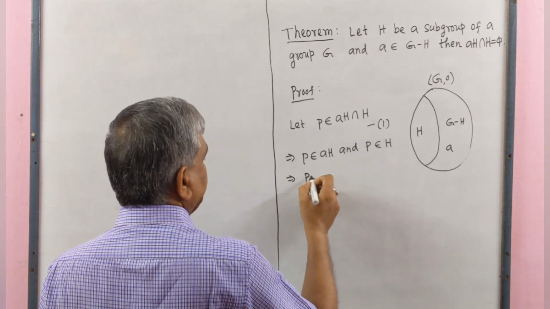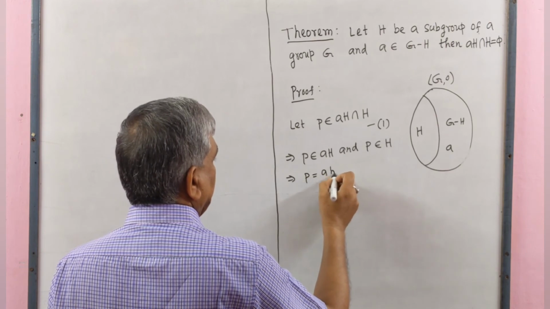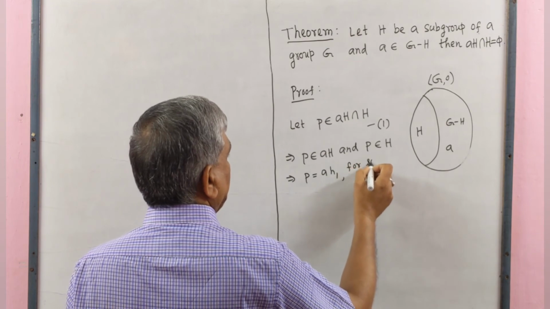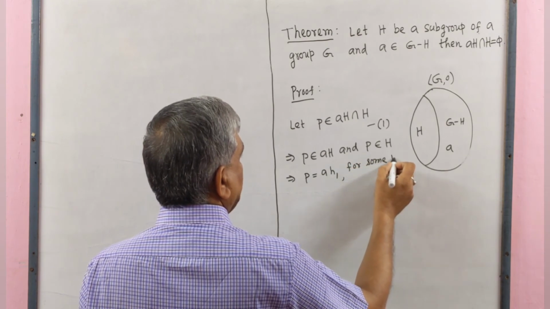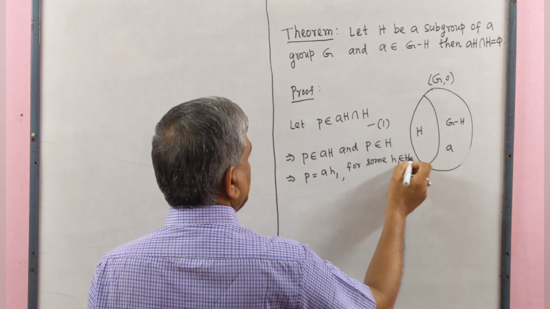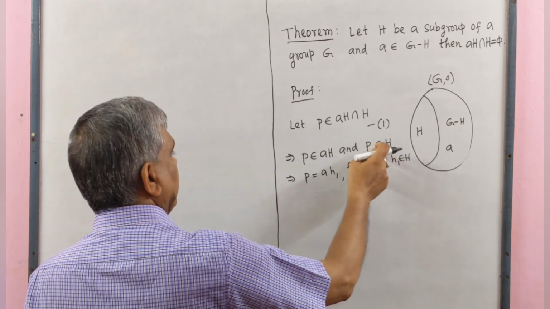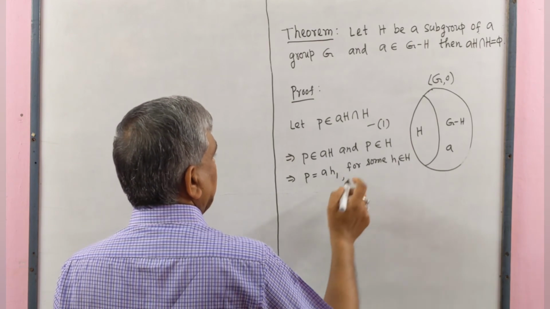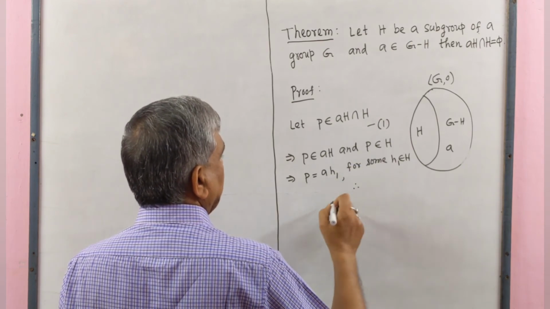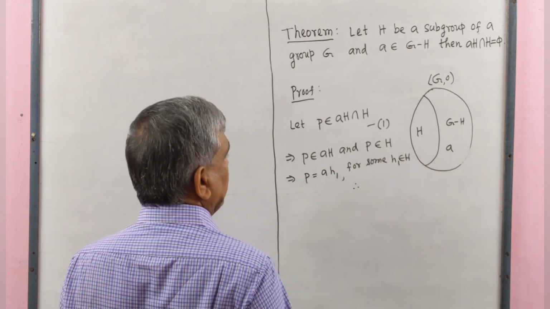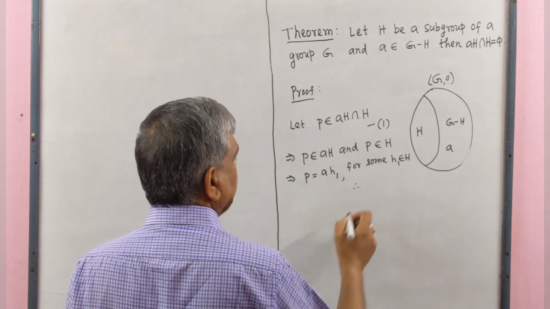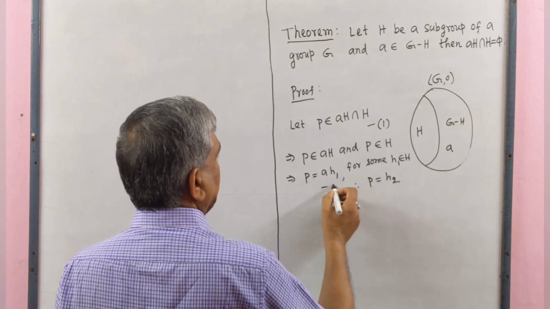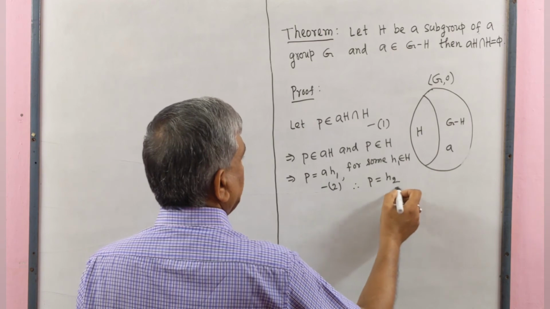Therefore, p is of the form ah1 for some h1 belongs to capital H. Here p belongs to capital H, therefore p is an element of capital H. We may write p equal to h2. This is number 2. This is number 3.